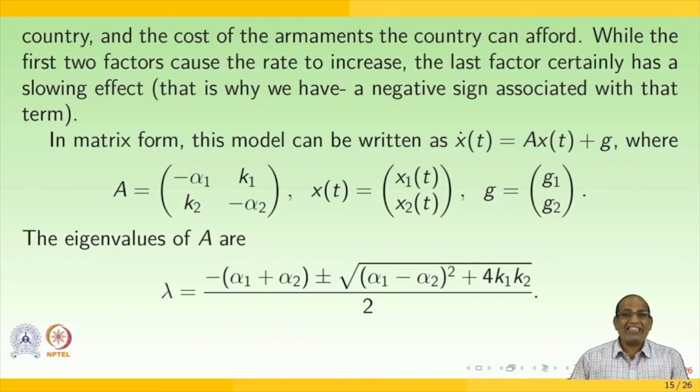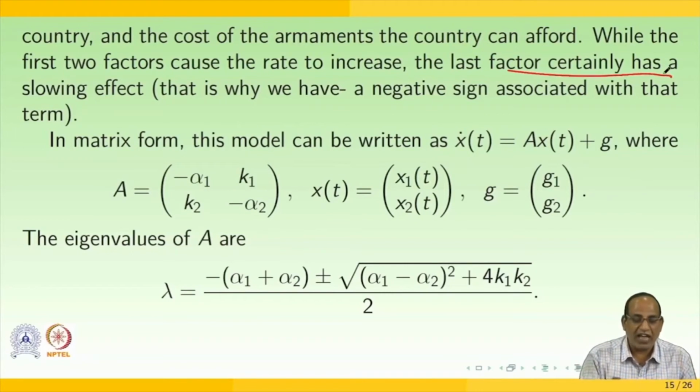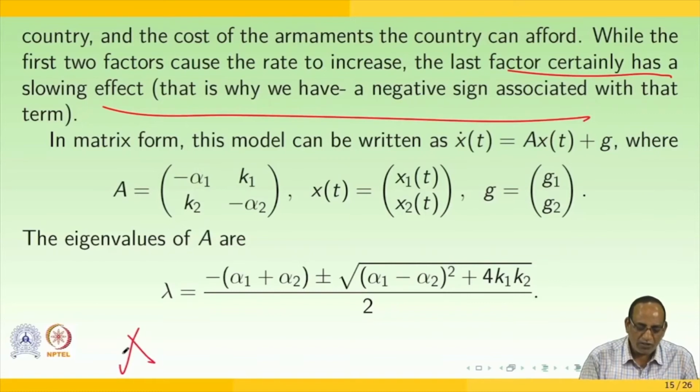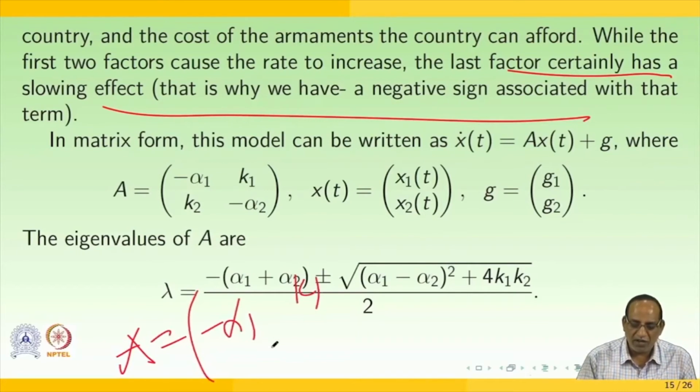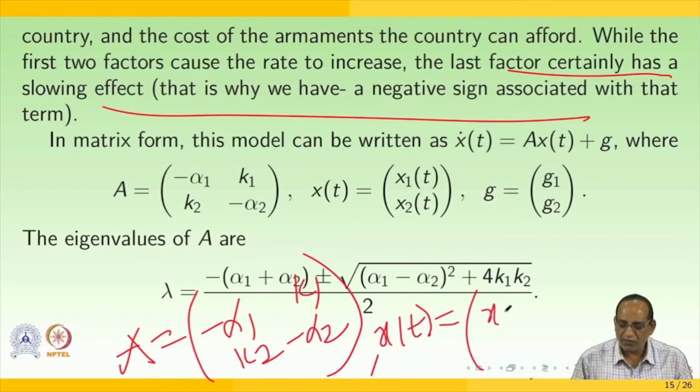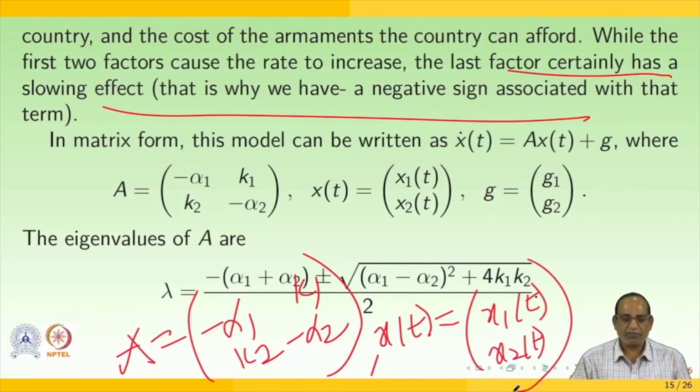While the first two factors cause the rate to increase, the last certainly has a slowing effect, that is the negative sign associated with the term. So, we will have the matrix A equal to [minus alpha 1, k1; k2, minus alpha 2], where x of t is equal to [x1 of t, x2 of t].